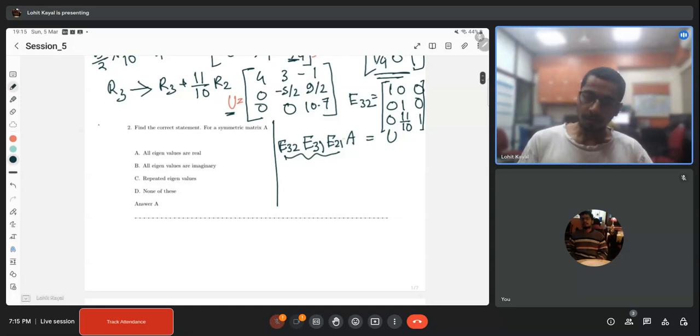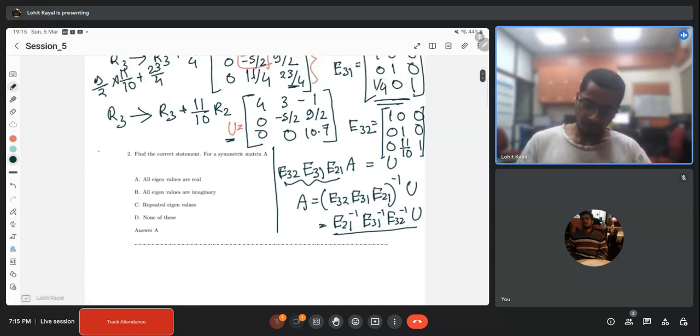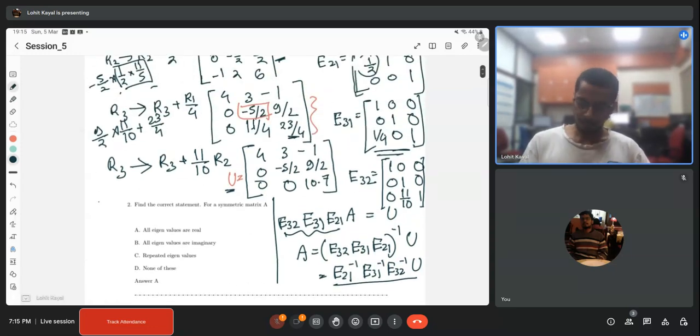So now what will be L? The L matrix will be: A equal to E32, E31, E21 inverse U, and this will be E21 inverse, E31 inverse, E32 inverse U. We already know what E21, E31 and E32 are.